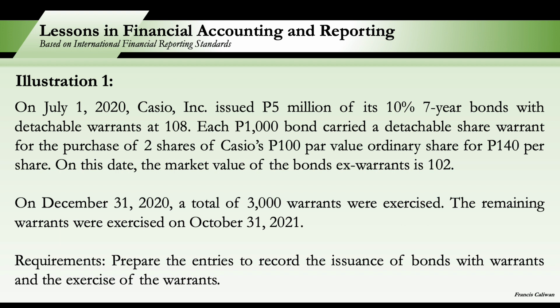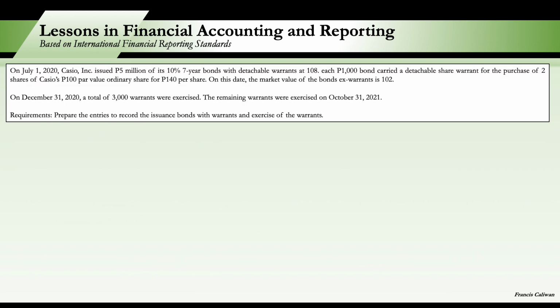So dito, since 60% muna, so 60% lang of the share warrants outstanding will be debited on December 31, 2020. And then the balance will be debited on October 31, 2021. Okay? So the requirements are prepare the entries to record the issuance of bonds with warrants and exercise of the warrants.